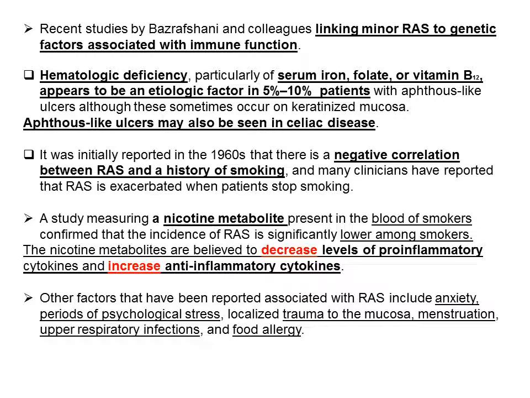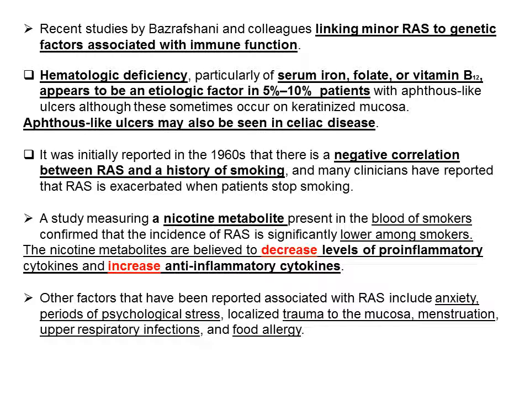But the most widely accepted idea is the association between recurrent aphthous stomatitis and hematological deficiency, with serum iron, folate, and B12 linked to patients with aphthous-like ulcer, and these are mostly seen in keratinized mucosa. Also, there is aphthous-like ulcer in patients with celiac disease.